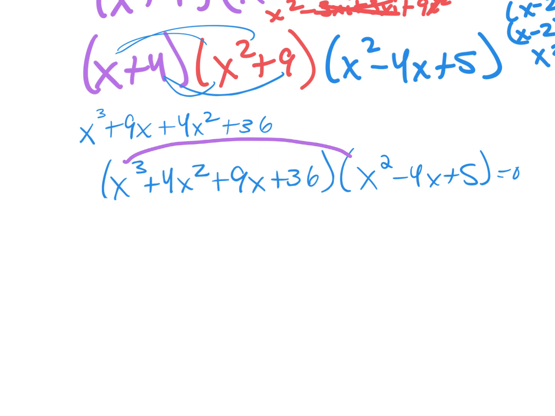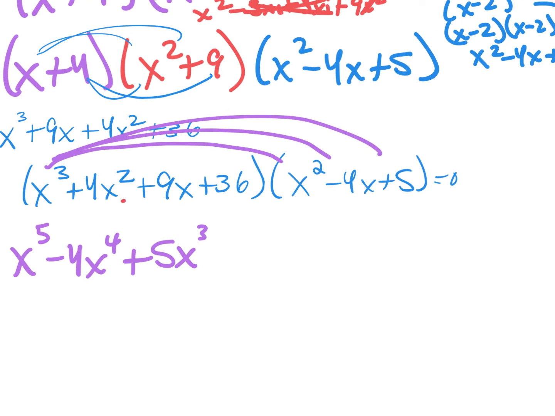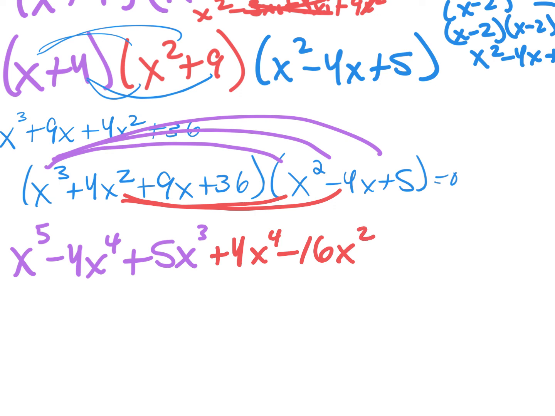So again, take your time. X cubed times x squared is x to the 5th. X cubed and negative 4x is minus 4x to the 4th. X cubed and 5 is plus 5x cubed. So now we have 4x squared and x squared is plus 4x to the 4th. 4x squared and negative 4x is negative 16x cubed.